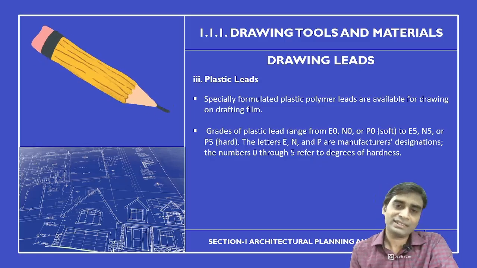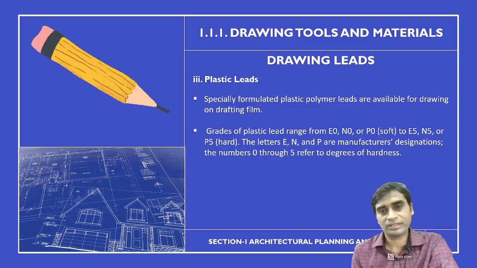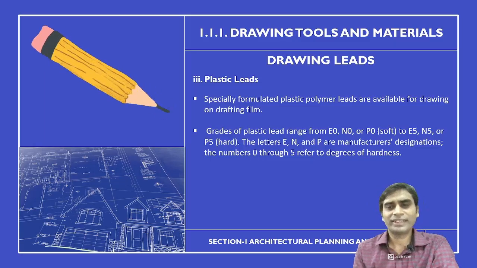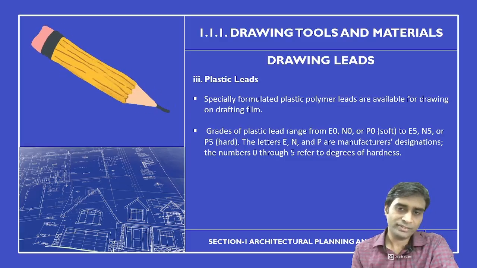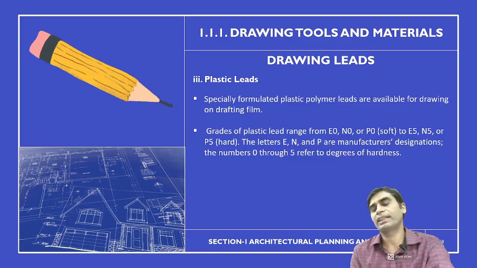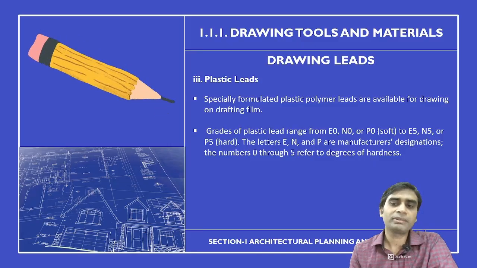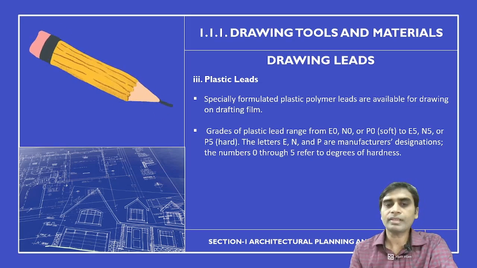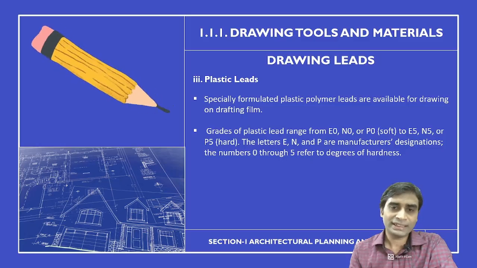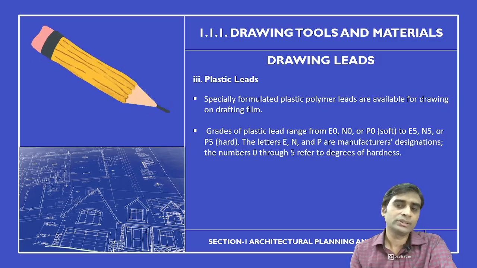Next are the plastic leads, specially formulated. Very few have used plastic polymer leads, because nowadays we use them very little, and manual activities are fewer. In our time, many students were using manual drafting even beyond second year. These plastic leads come in E0, N0, or P0 to E5, N5, or P5.